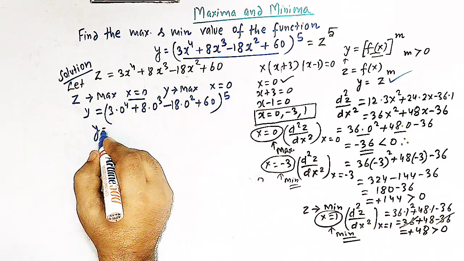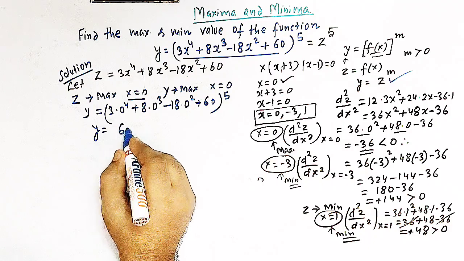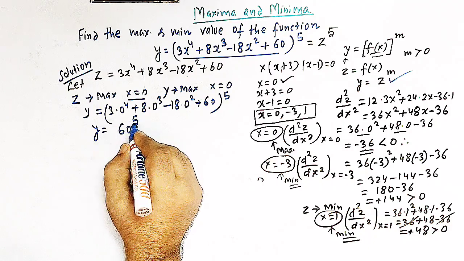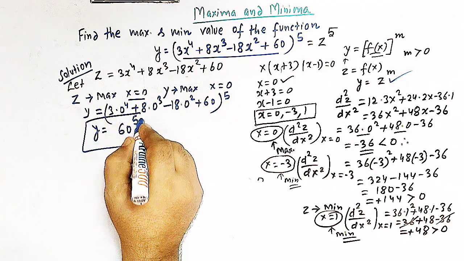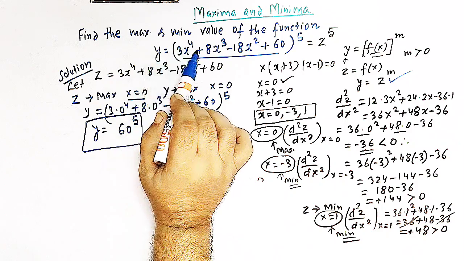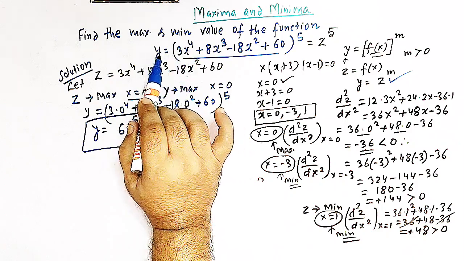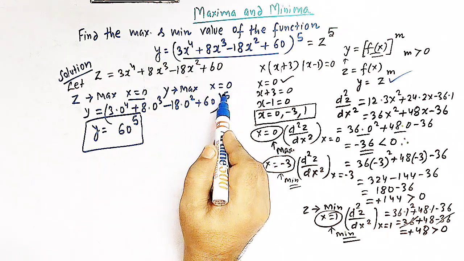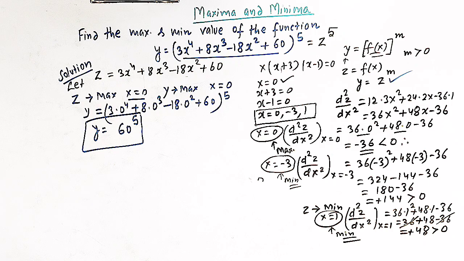So here we have y is equal to 60 raised to 5, right? So this is the maximum value of y which occurs at x is equal to 0.